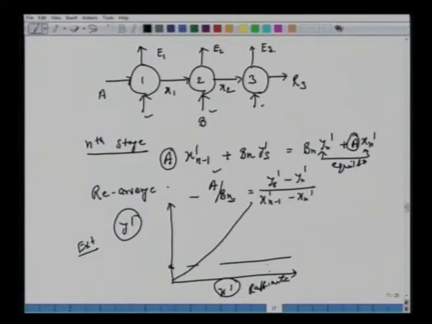Then starting with a certain amount of feed, you take this slope of minus A over B1, get down to the equilibrium, then take another slope here and get down here, take another slope, etc. So with stage 1, stage 2, stage 3, you can find out how much amount you have brought down in the raffinate phase starting from here. So this is based on your extractions.